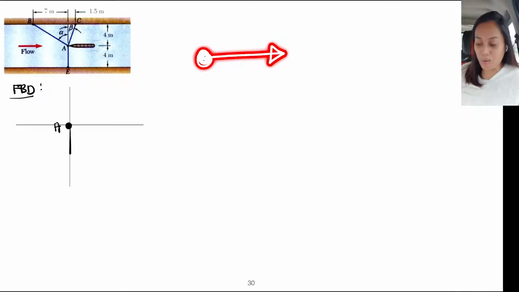Pero kung compressive force, towards the particle. So kana siya compressive, kana siya tensile force.